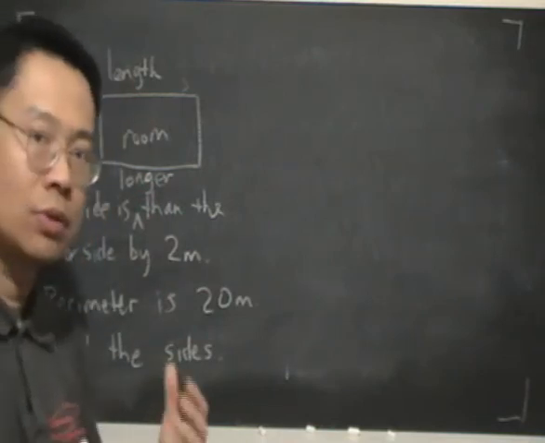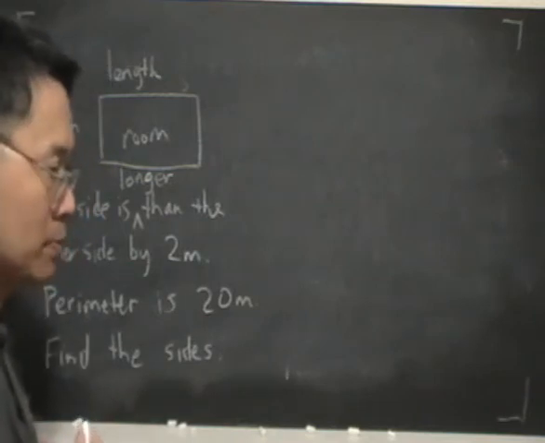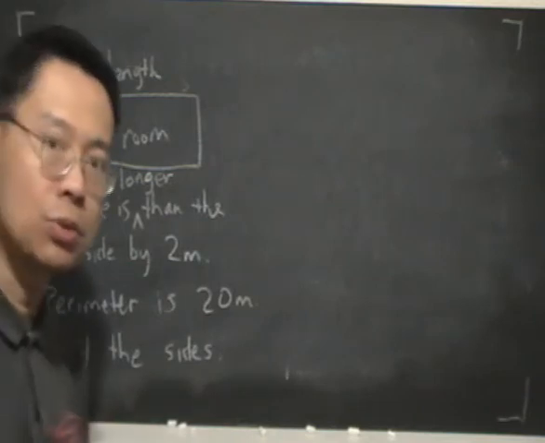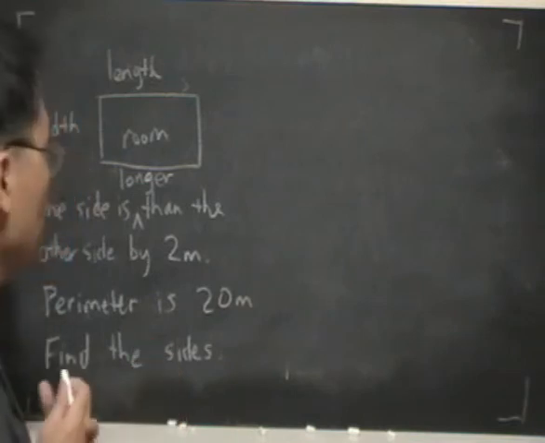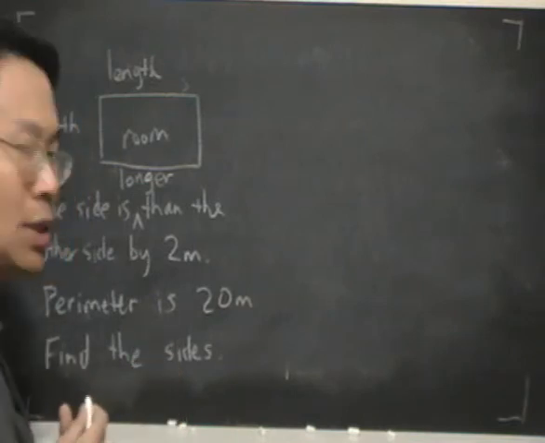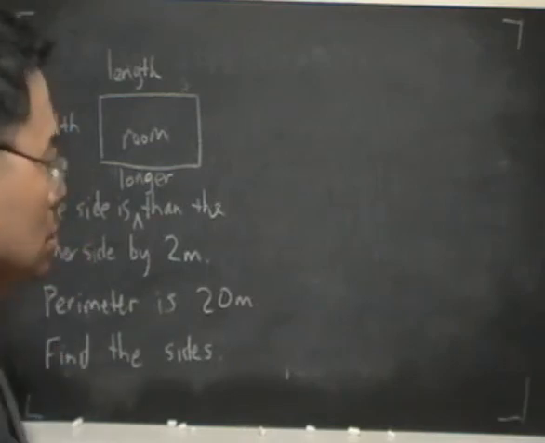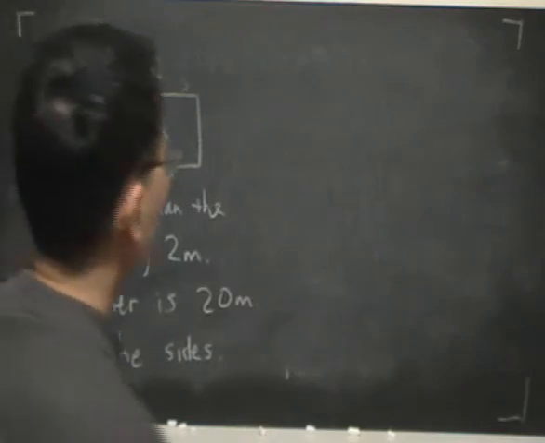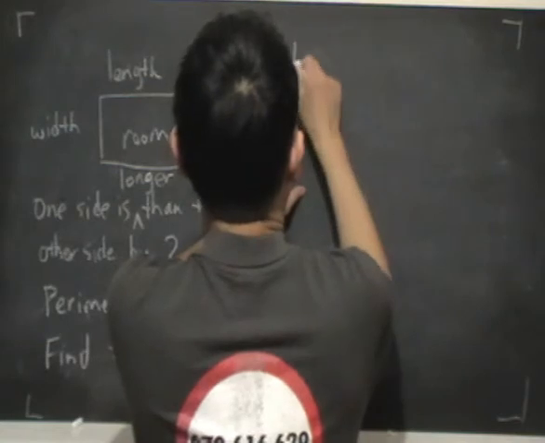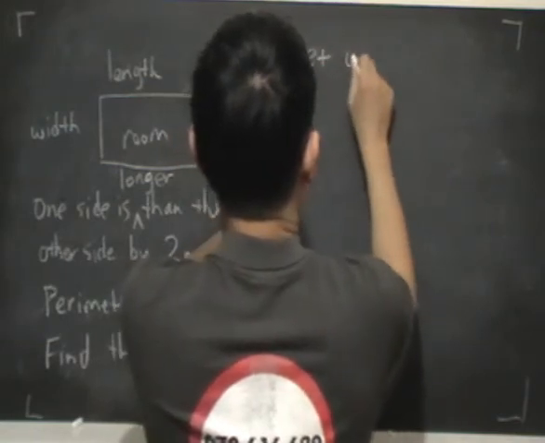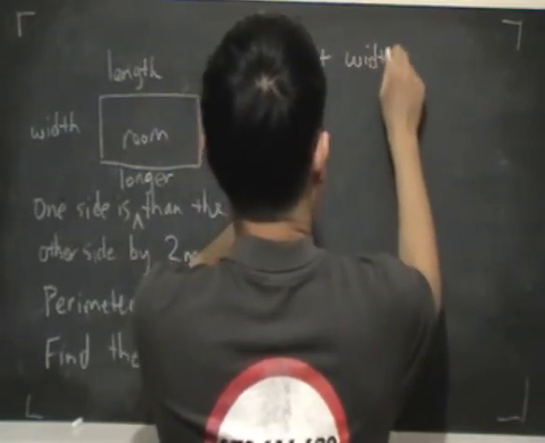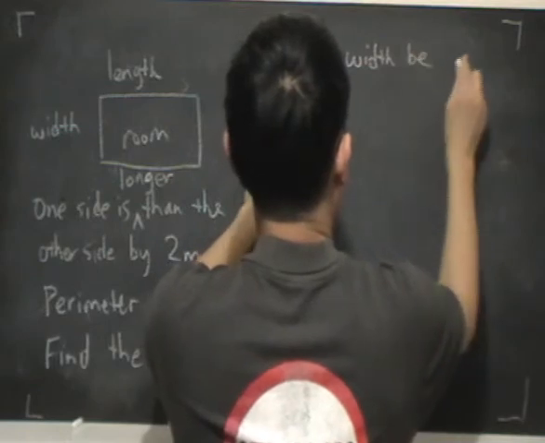So let's give these some names. 2 unknowns would make things a little more complicated. So let's start with one of them. Let's start with the width. Let the width be x.